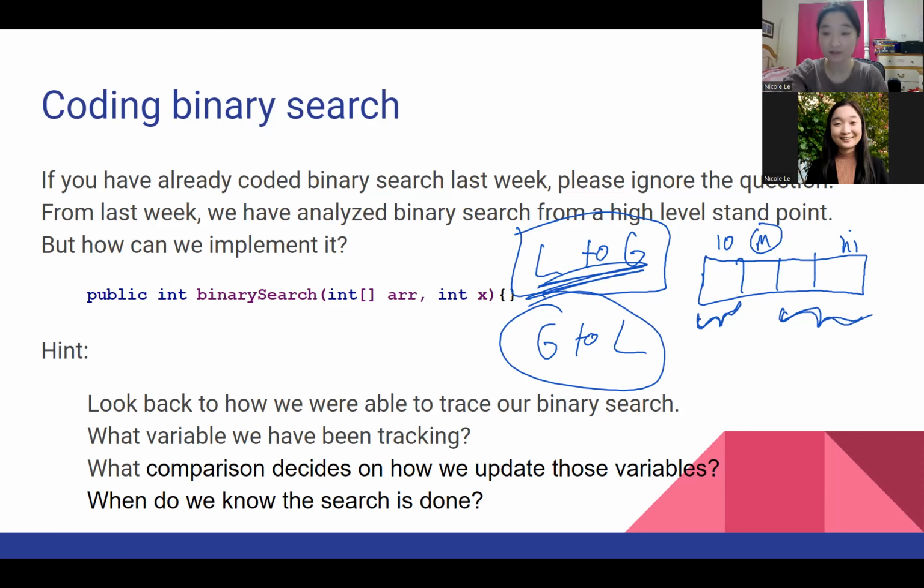That position where we found target would be returned. And if we do not find target in the array, we exhaustively perform binary search, and typically we would return -1 to indicate that we failed to find our target in our array.